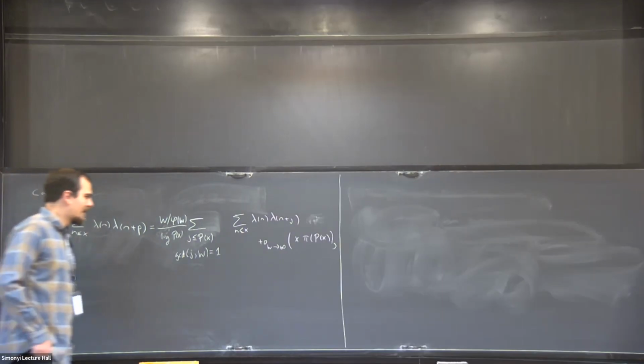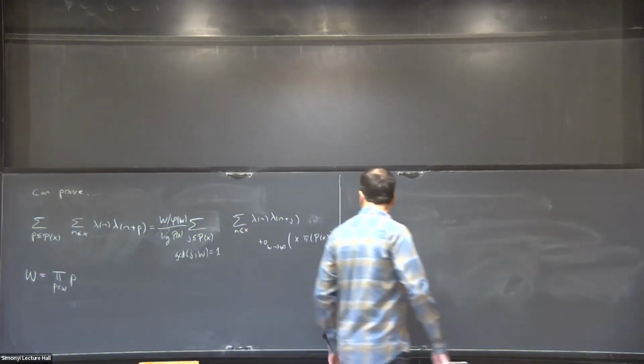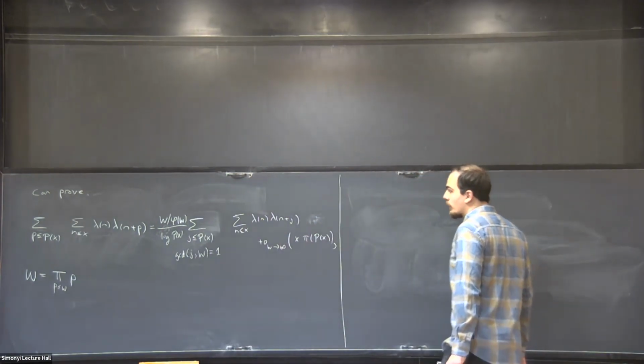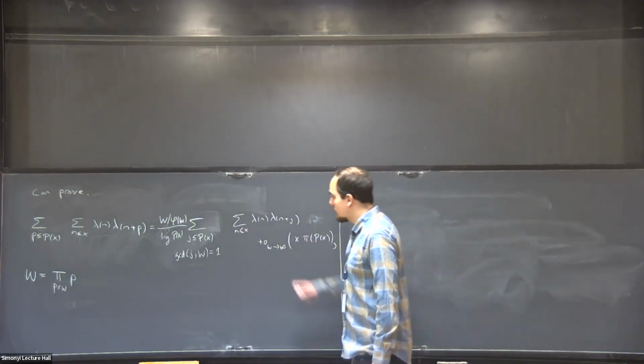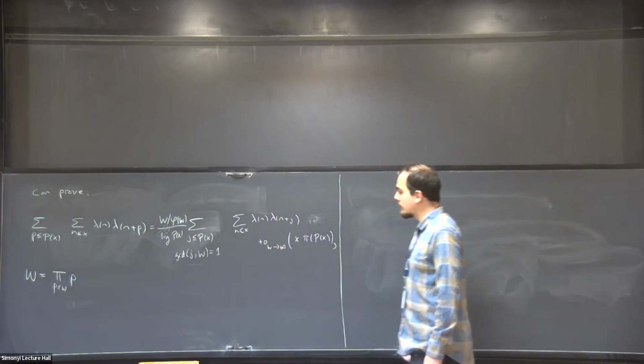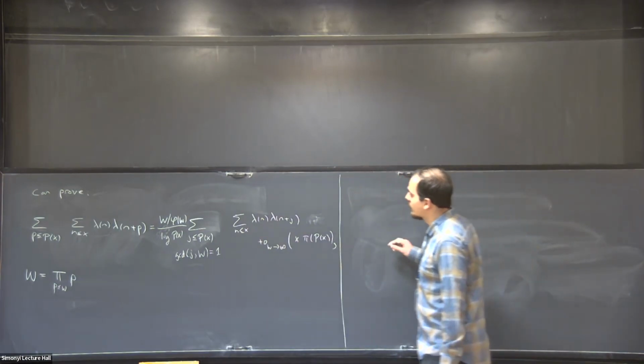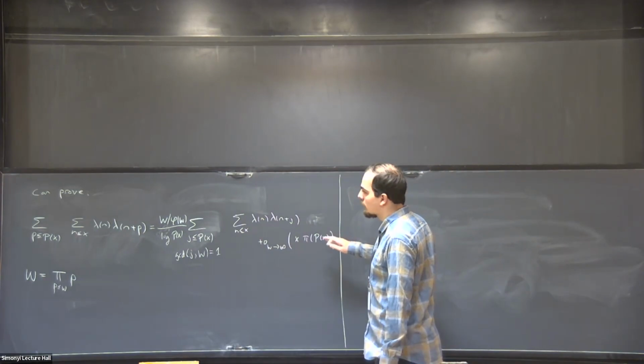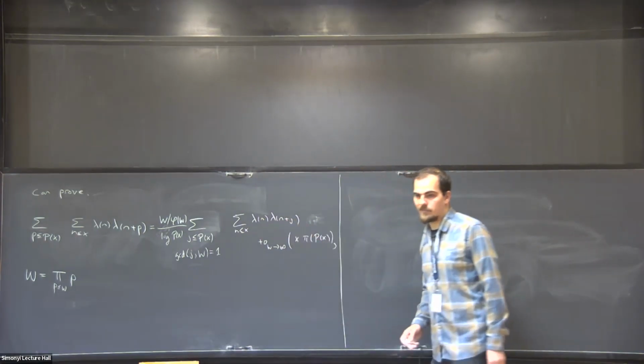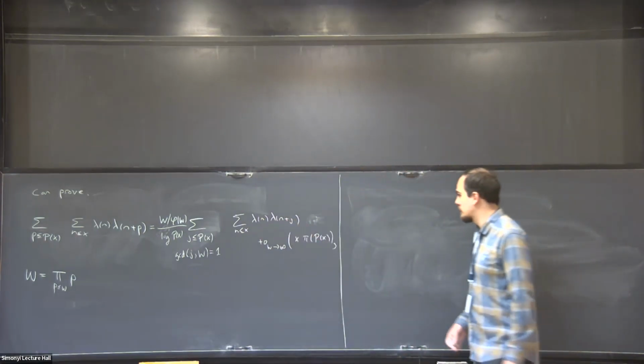Okay, so we have now reduced the average to something simpler, and now we can do almost the same argument as we did in the case of j running over all integers.